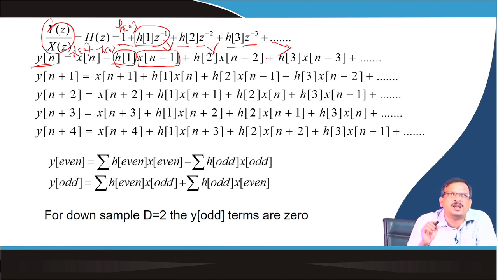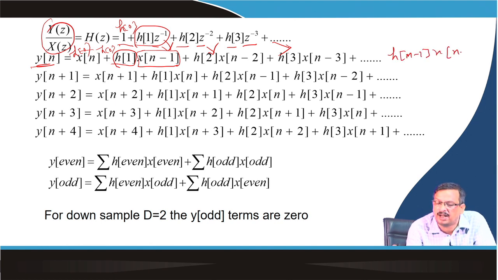If the order of the filter is M, the last coefficient is h of M minus 1, multiplied by x of n minus (M minus 1).